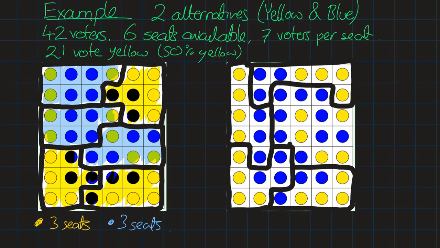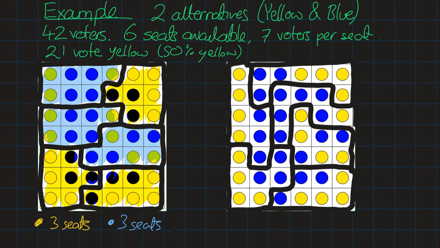And this. So in this second scenario, I'm acting on behalf of the yellow party, and I want to try and maximize the number of seats that yellow has.